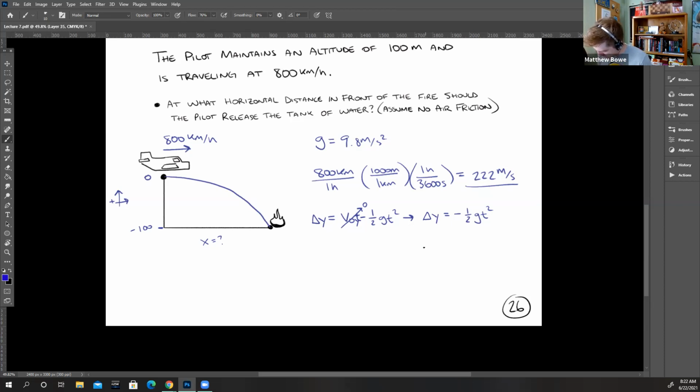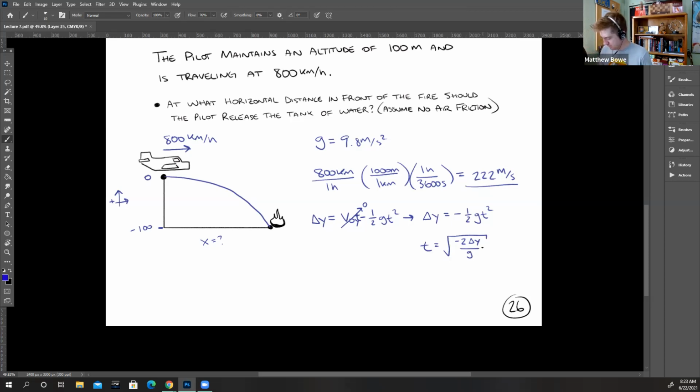So t equals, if I multiply the 2 over here, I'd have to then divide the g over. We'd end up with something like this, minus 2 delta y over g.